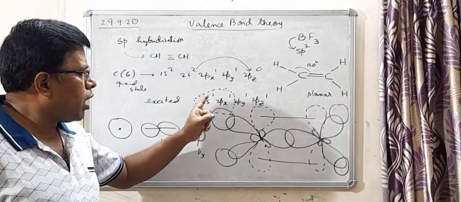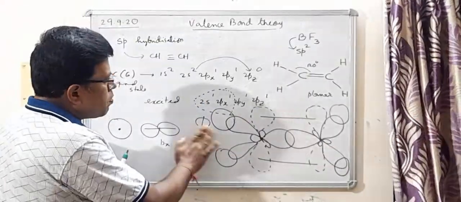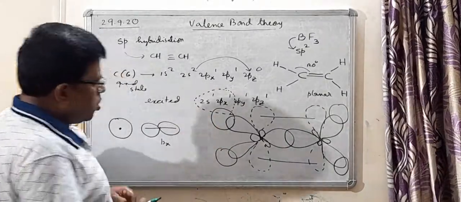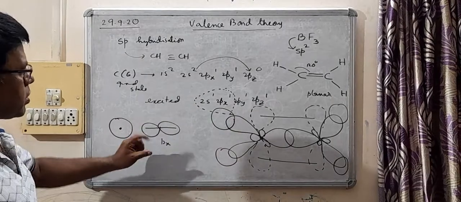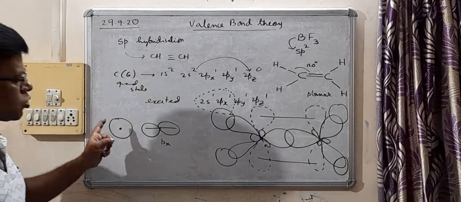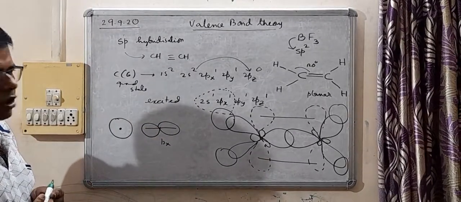The S and PX will mix, so this is not taking part in mixing now. These two only are mixing, and two orbitals mixing will result in two hybrid orbitals.